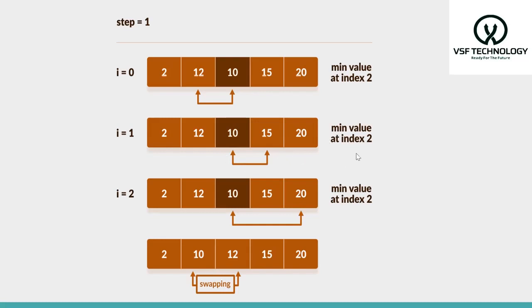Then here the minimum value is at index 2 because index 3 is less than index 2. Condition false. Now i is equal to 2. We compare index 2 with index 4. Then here the minimum value is at index 2. Then here element 10 and element 12 are swapped.